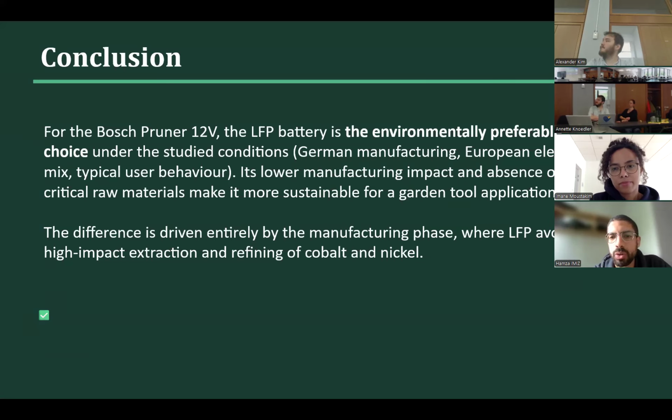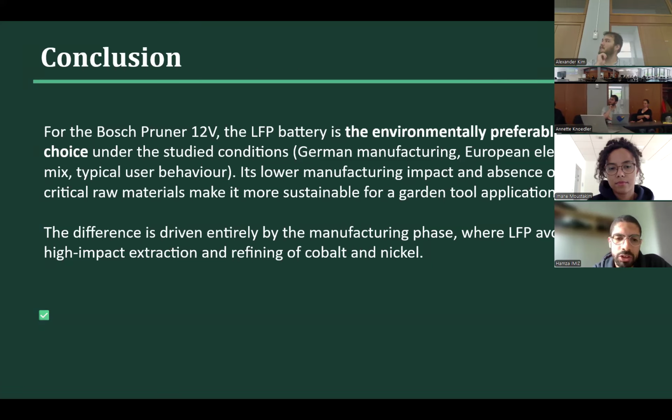And as a conclusion for this project, after doing all the models and the diagrams in openLCA software, we can say that the LFP battery is the environmentally preferable choice under the studied conditions, with manufacturing at Bosch in Germany, and with the European and especially the German electricity mix.